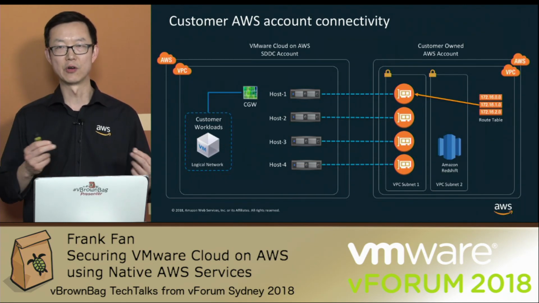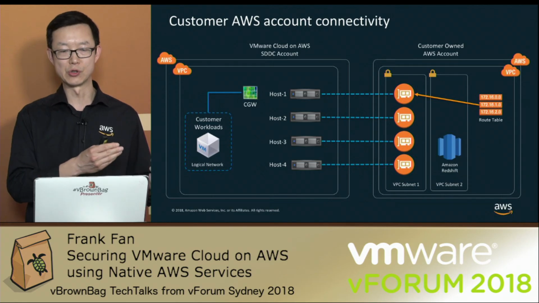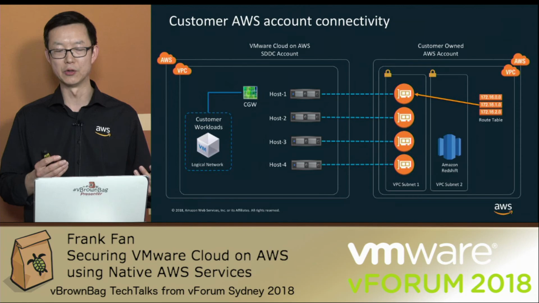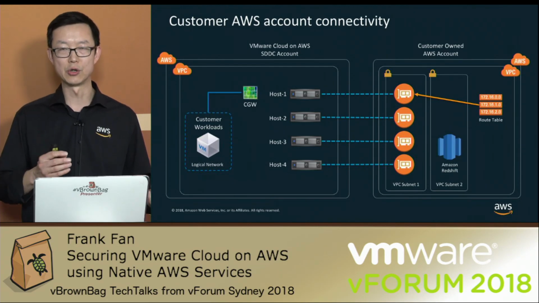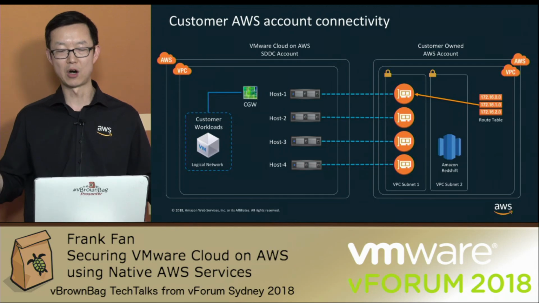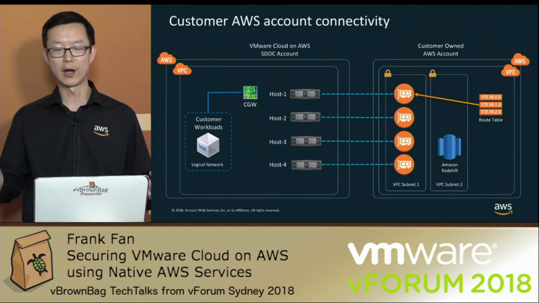So this is a physical link dropped into your physical hosts. And this green box, CGW, is NSX running on top of that physical hardware as a gateway to control your customer workload traffic. So you can see these two environments already have the link connected, and the routing table knows where it will send the traffic, which interface it will direct traffic to.